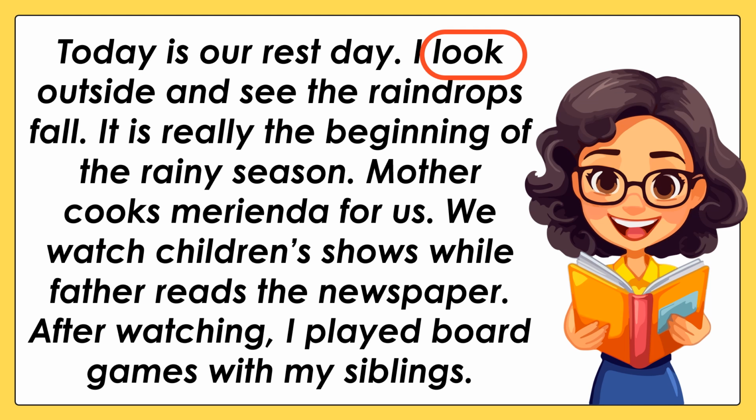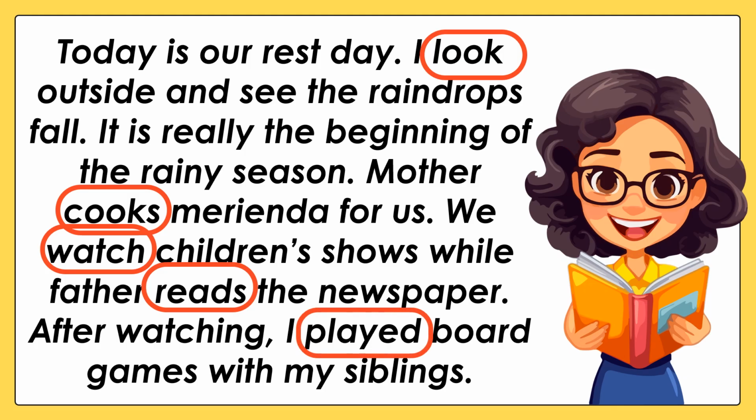It is really the beginning of the rainy season. Mother cooks merienda for us. We watch children's shows while Father reads the newspaper. After watching, I played board games with my siblings.